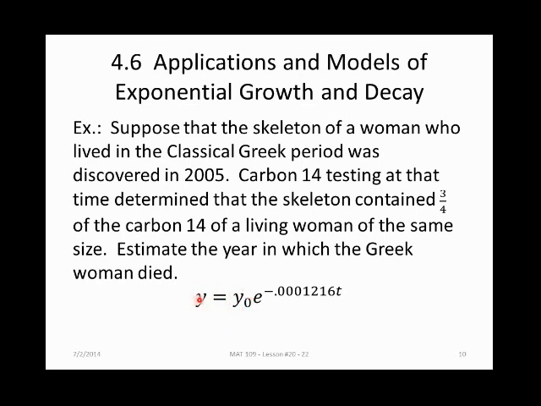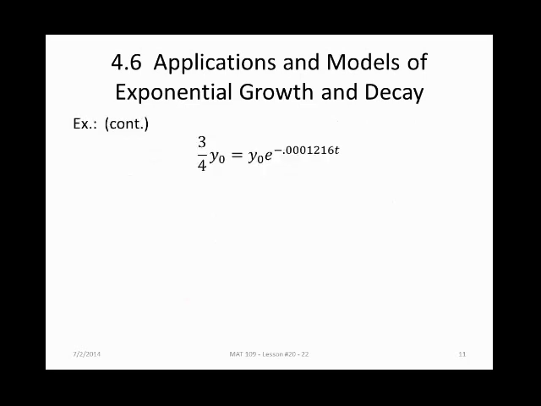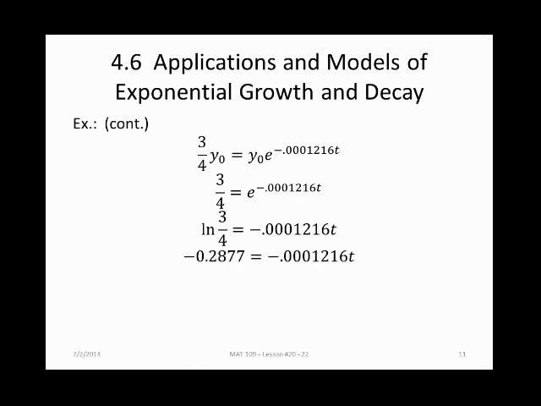So this is 3/4 of that. Or in other words, 3/4 y sub 0. That's how much the skeleton presently has in it. Y sub 0 then is a common factor that can be divided out. Take the logarithms of both sides, divide by the coefficient, and you get a t.